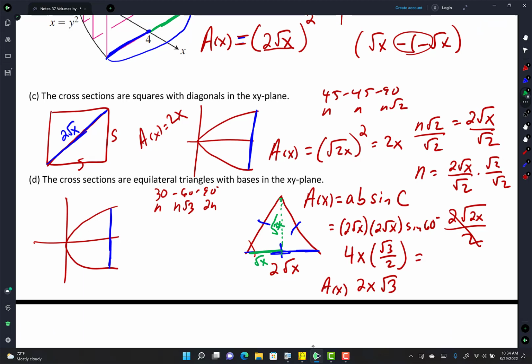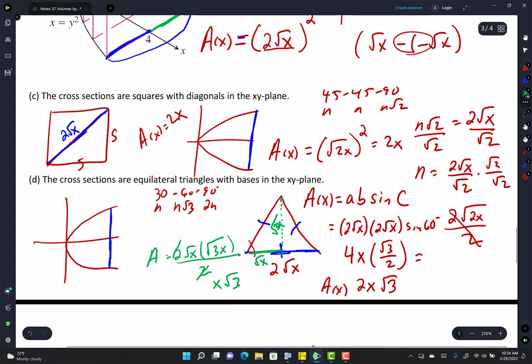So then to figure out the area of this triangle times 2, well, I guess we don't have to do that. It's just going to be area of half base times height. So my base here is 2 square root of x, and then my height here is square root of 3x, and I'm dividing all that by 2. That 2 cancels out, and check it out. Square root of x times square root of x is x. So you get x square root of 3.